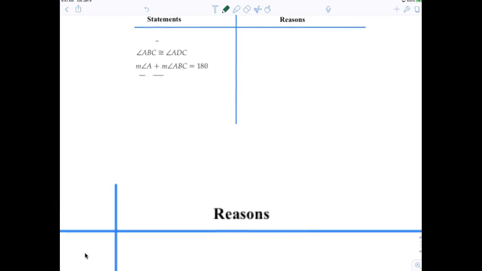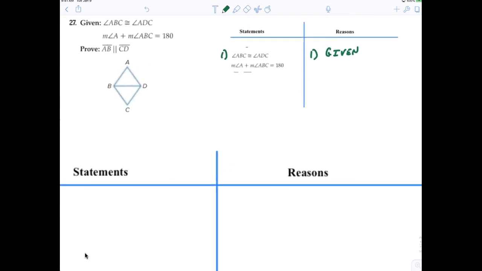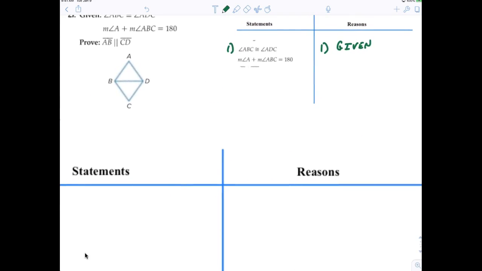All right, so this is 1. Sorry, I just want to write this in real quick. Given. All right, now let's draw it on the picture here. Angle ABC is right here, correct? It's congruent to ADC right here.